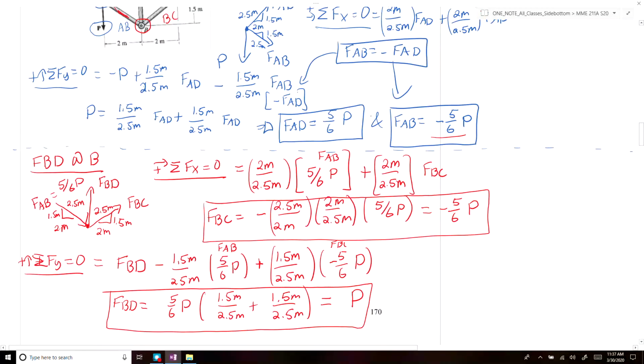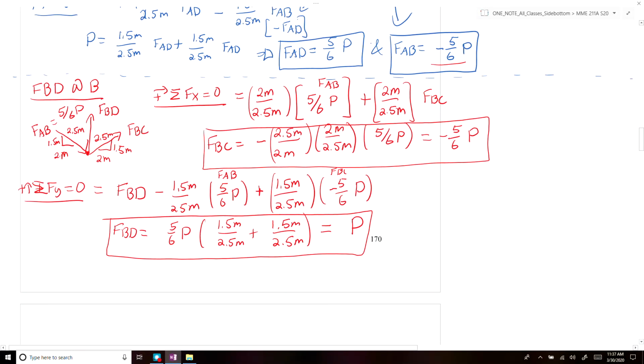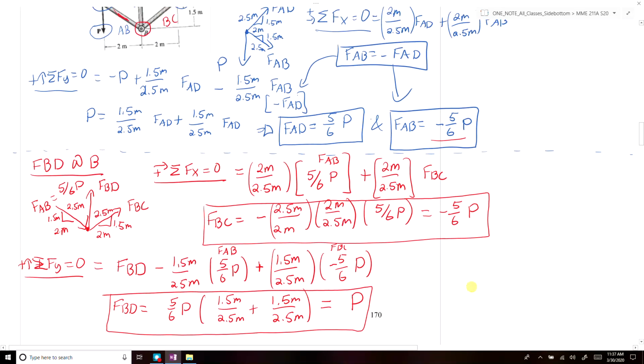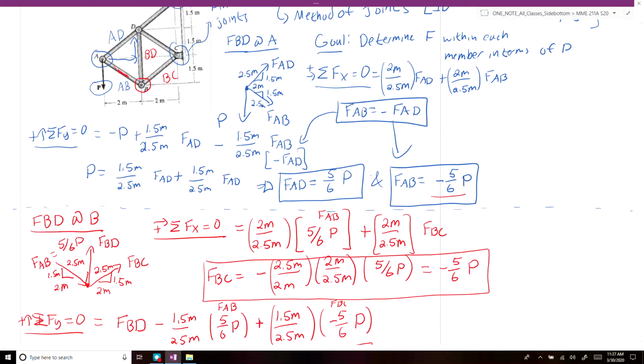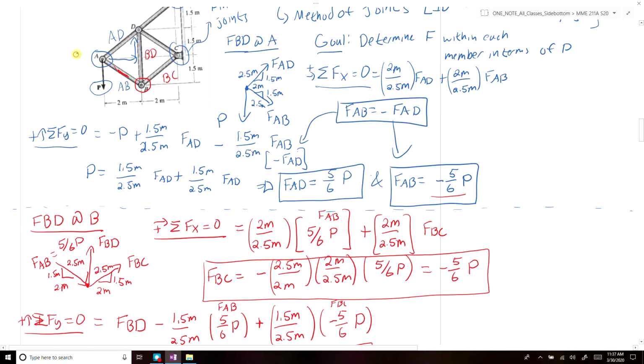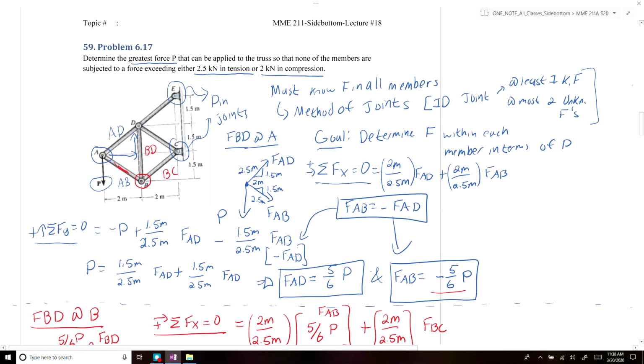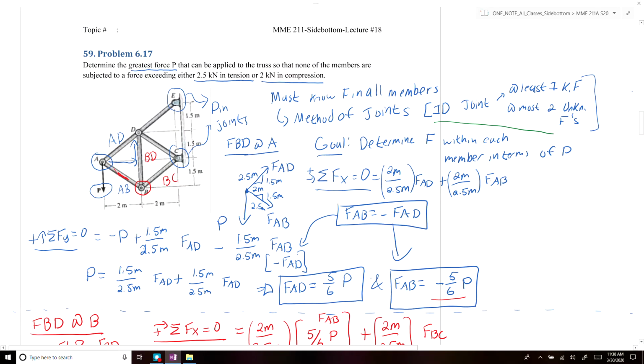All right, so now we would look back at our free body diagram again and try to identify our unknown forces. We're trying to again identify a joint that has at least one known force and at most two unknown forces.